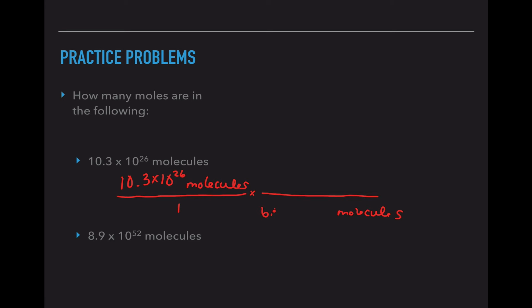And that is 6.022 times 10 to the 23 is equal to 1 mole. So when I multiply across the top, I'm multiplying the 10.3 times 1, multiply across the bottom, I'm multiplying 1 times the 6.022, and that is going to leave me with 10.3 times 10 to the 26 over 6.022 times 10 to the 23.